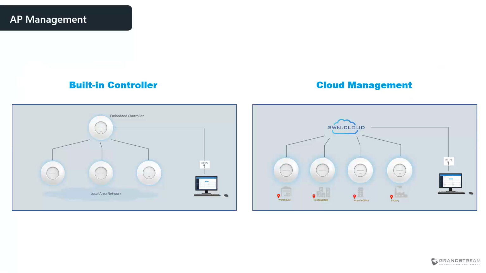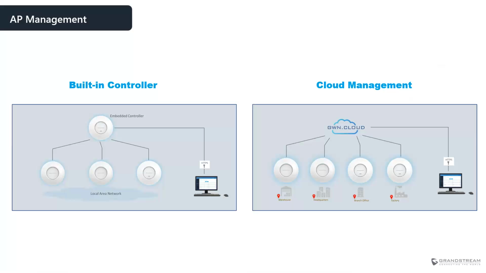In case you want to use cloud management, Grandstream offers the GWN Cloud, which is a free service. You just sign up for free, and you can start adding your GWN access points and managing them from one single interface.